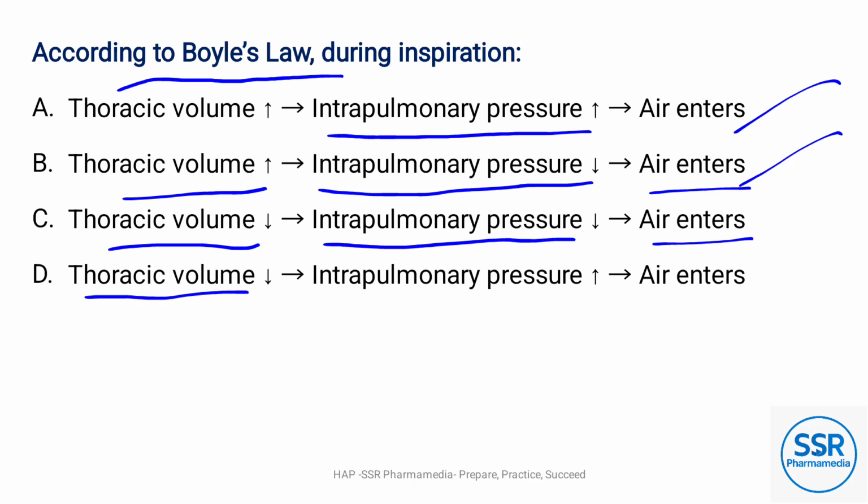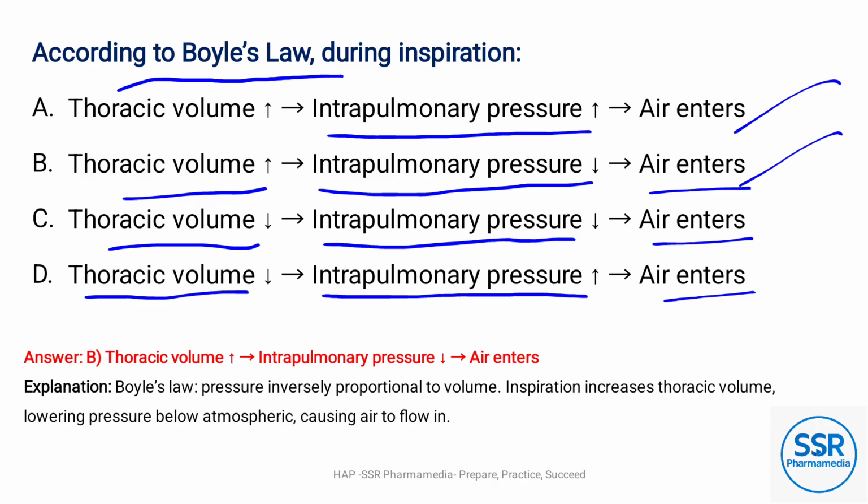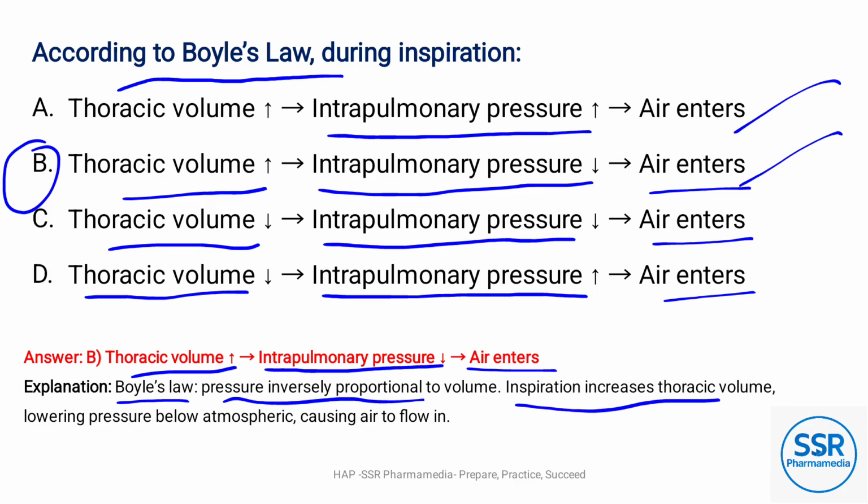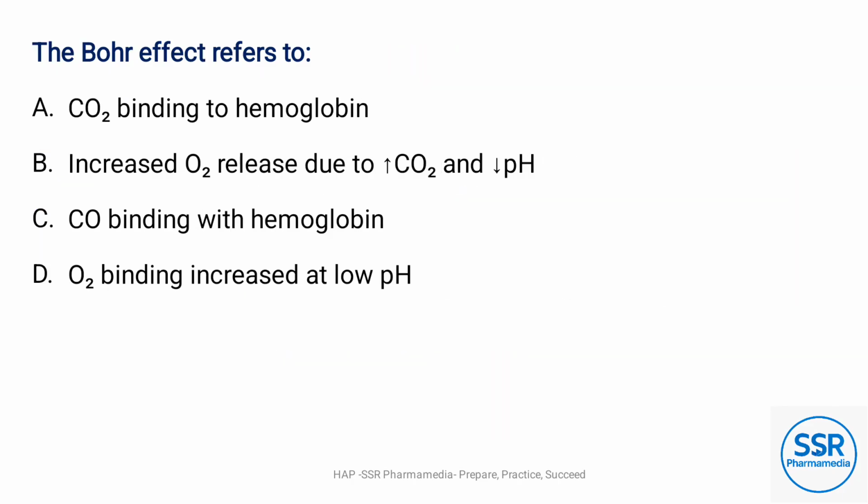Option D, thoracic volume decreases and intrapulmonary pressure increases and air enters. So the answer is option B. Thoracic volume increases and intrapulmonary pressure decreases, then air enters the lungs. Boyle's law says pressure is inversely proportional to volume, and inspiration increases thoracic volume, lowering pressure below atmospheric and causing airflow into the lungs.